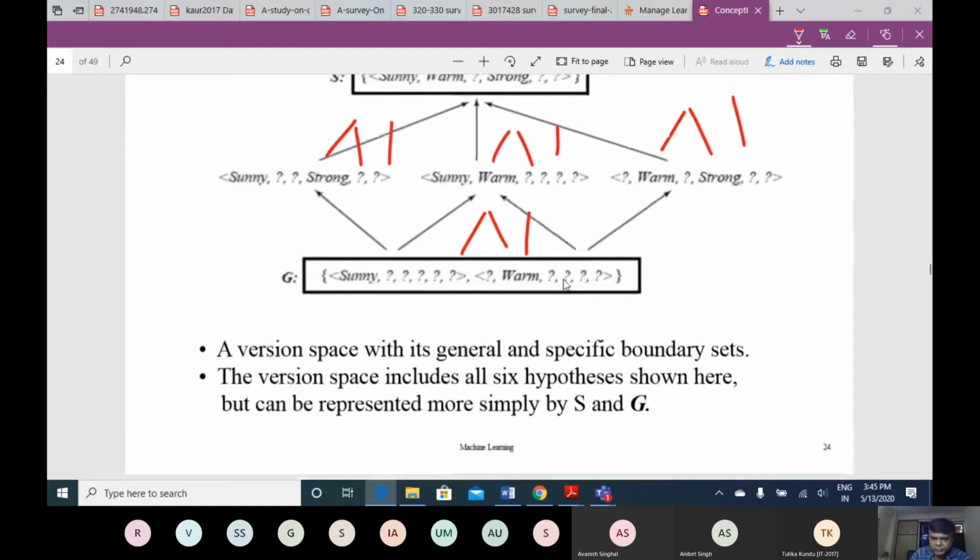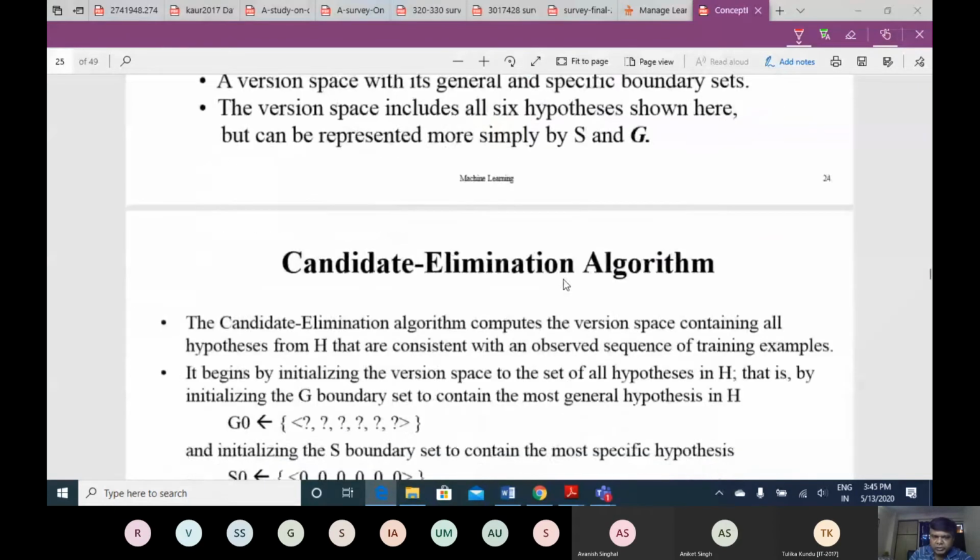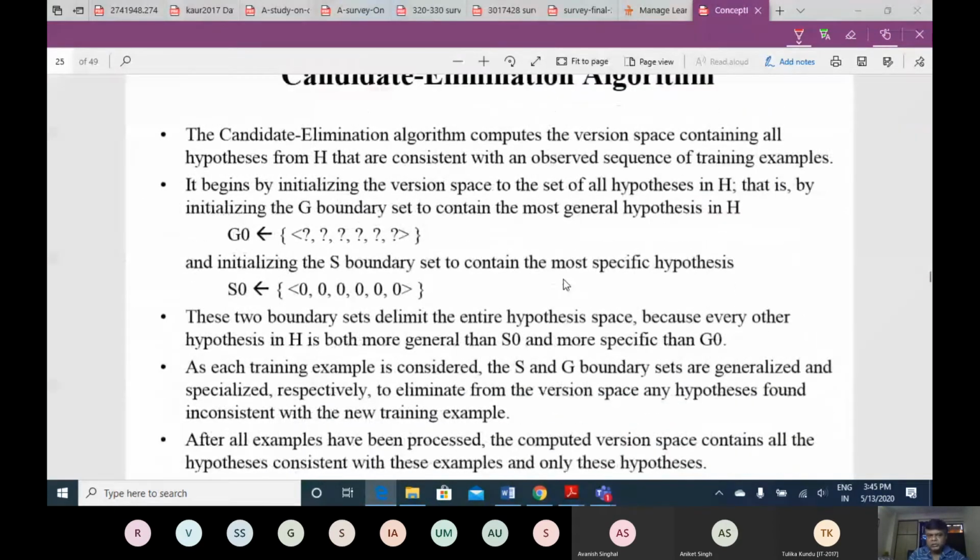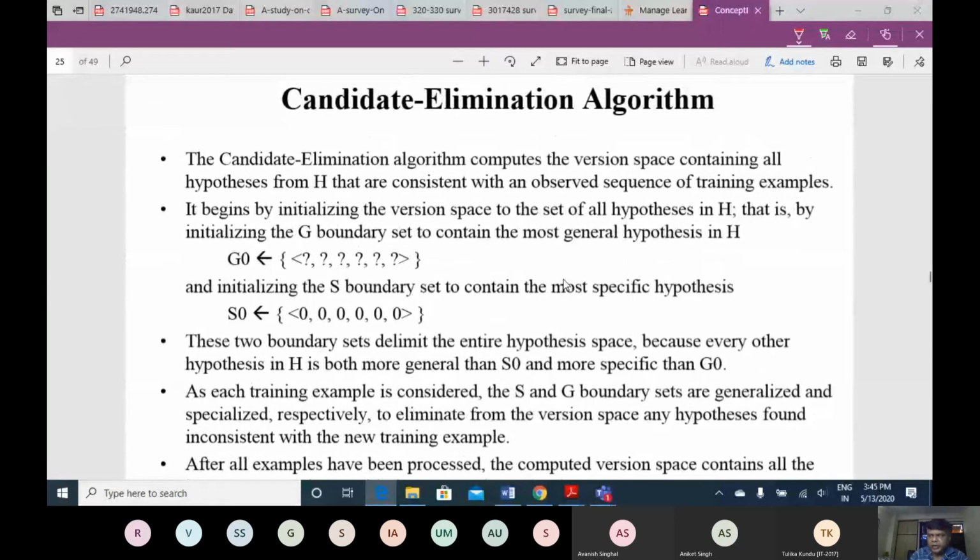How do we do that? So we start with, a version space is defined by two things: one is the most general hypothesis and one is the most specific hypothesis. If we want to include all possible hypotheses in our version space, how do we define it? We define the most general hypothesis, that is all question marks, and the most specific hypothesis, that is all zeros.